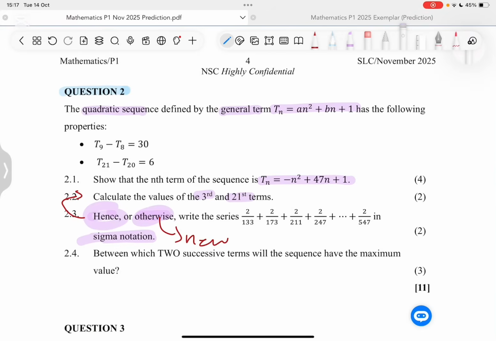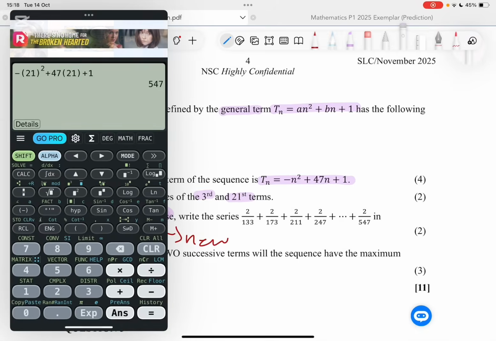Now, before we can continue, I just want to confirm my theory: is this the quadratic sequence that we have at the top? We know that if we put 3 on n here, we get 133. If I go to T4 and put a 4 here, I should get 173.